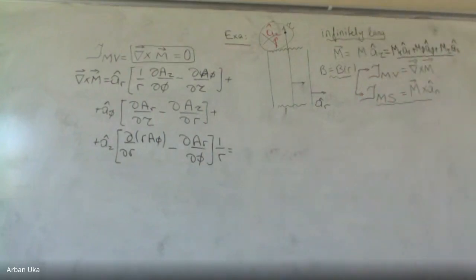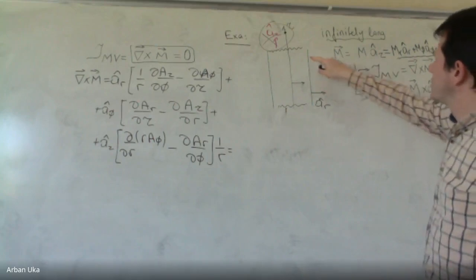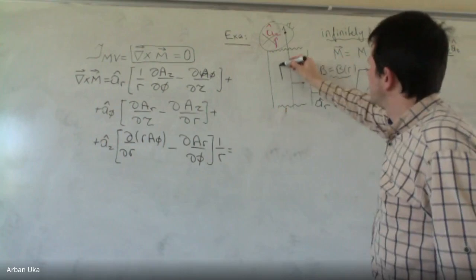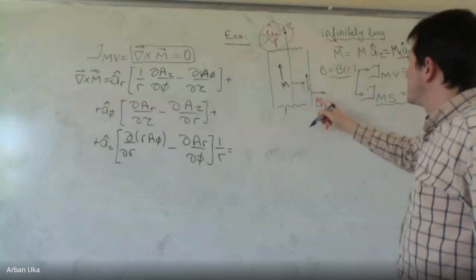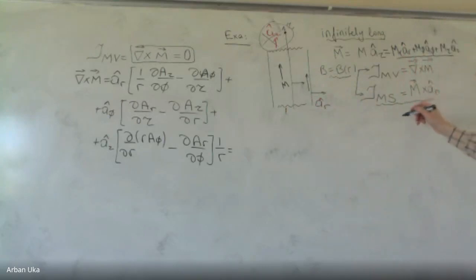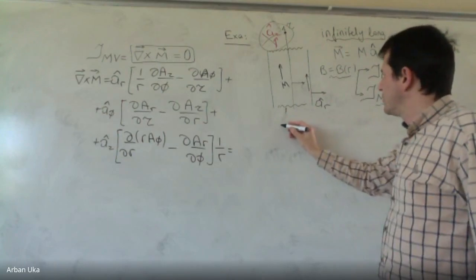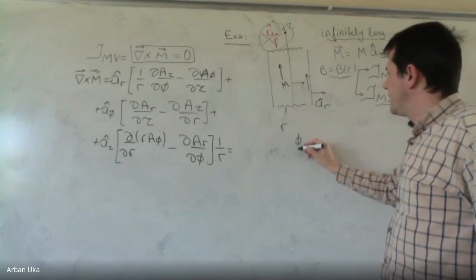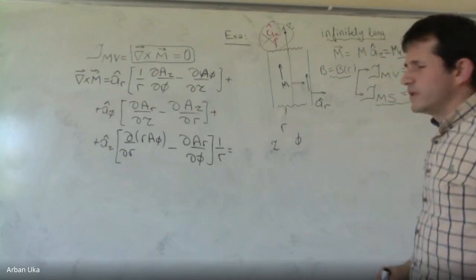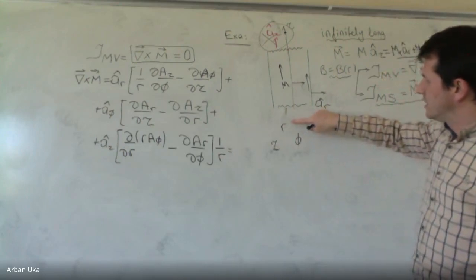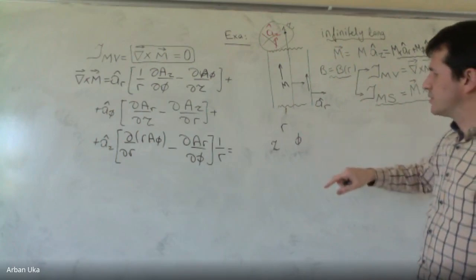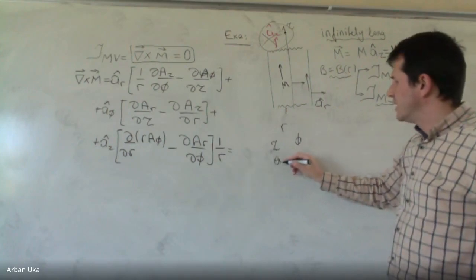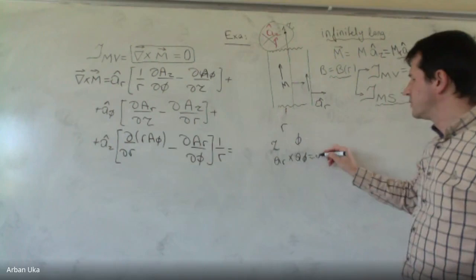But then the current, because of the magnetization on the surface, now the magnetization, let's remember that it looks like this. And a magnetization which points like this, times AR, cross AR, so the J, and also we can assume that like this, R, phi, Z. We know that if we do the cross product in the direction of the clockwise, in the direction of the arms of the clock, we get a plus, which means that AR cross A phi is equal to AZ.